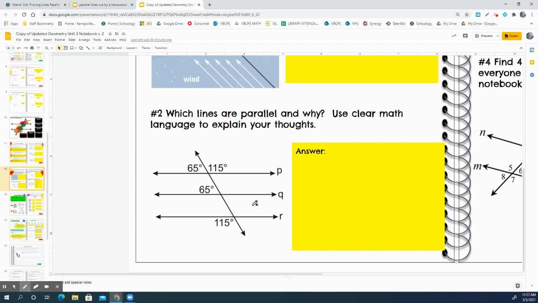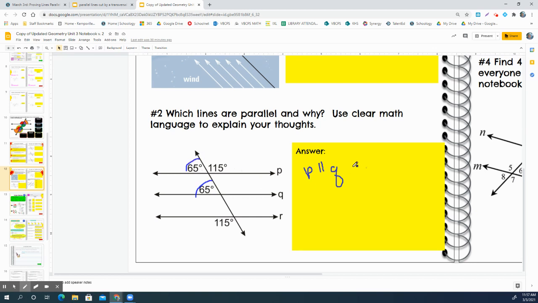We ready to look down at question 2? If I just look at these 65-degree angles, which lines are parallel and why? P and Q, why? P is parallel to Q. What's the relationship between these two angles? They're both 65. I can slide this 65 down here.